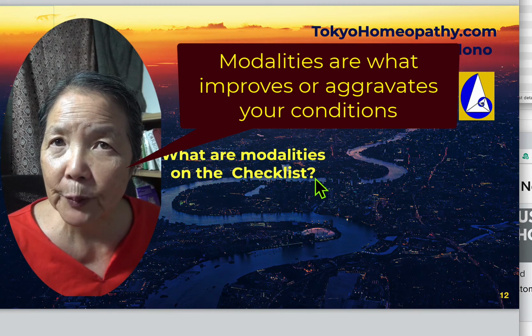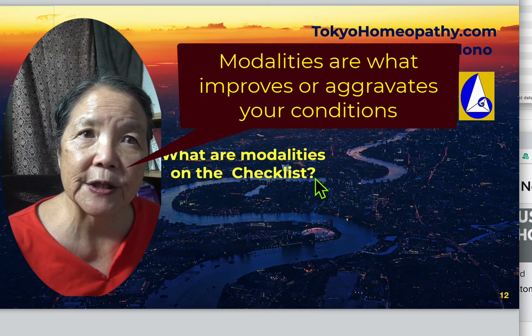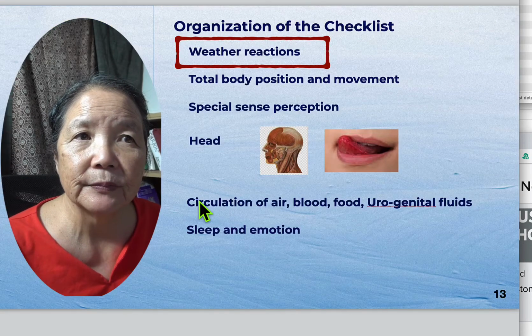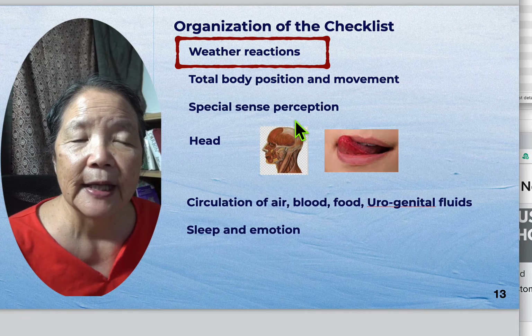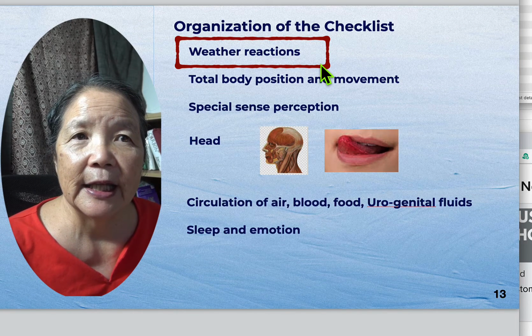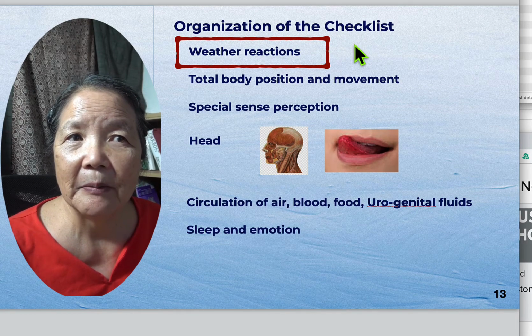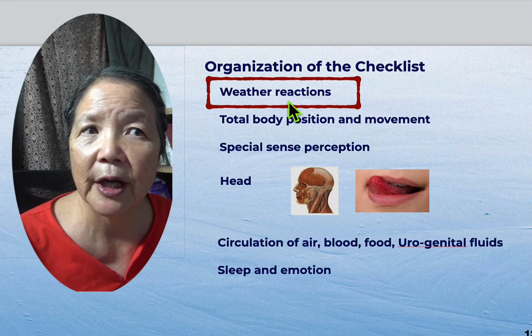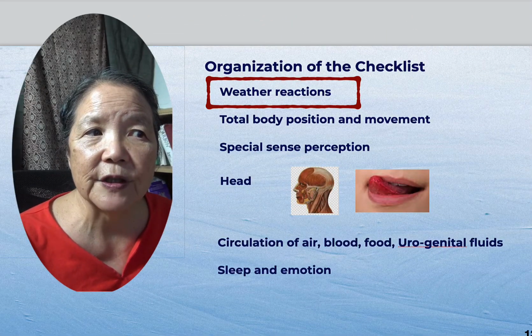This means what makes you feel better or worse. The checklist is basically the organization that you see on the screen here. And first, we are going to cover weather reactions.